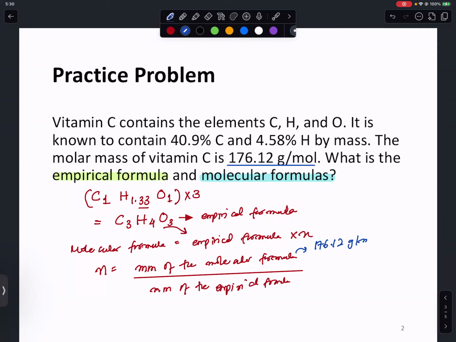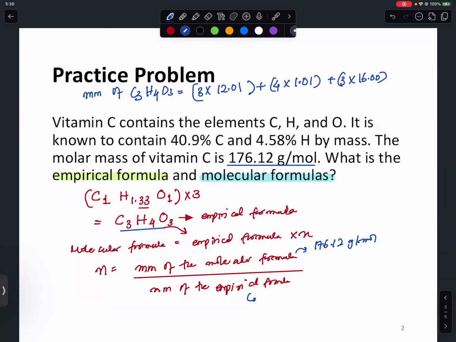which is 176.12 grams per mole. Now, for the molar mass of the empirical formula, I can simply calculate it using the molar masses on the periodic table and then the number of atoms. So I will say that the molar mass of C3H4O3 is equal to 3 times 12.01 plus 4 times 1.01 plus 3 times 16.00.